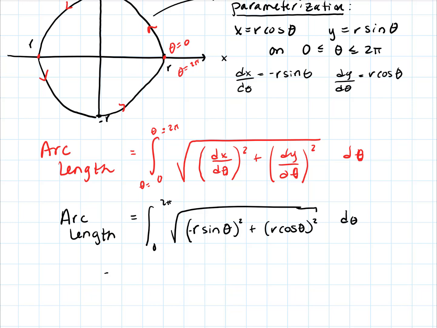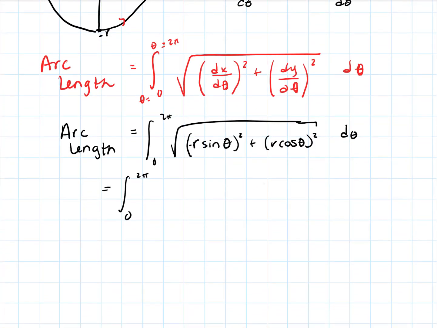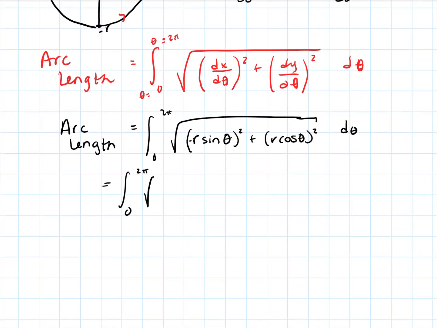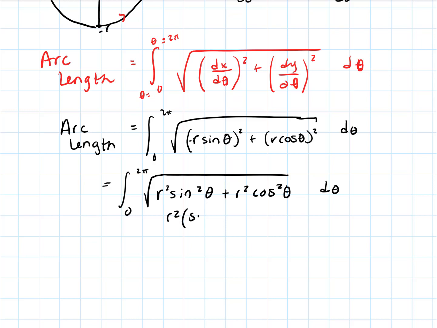Now check out what happens here. So now this is just the integral from 0 to 2 pi of the square root of r squared sine squared of theta plus r squared cosine squared of theta d theta. But that's the same as just r squared times sine squared theta plus cosine squared theta, which of course that is just 1.